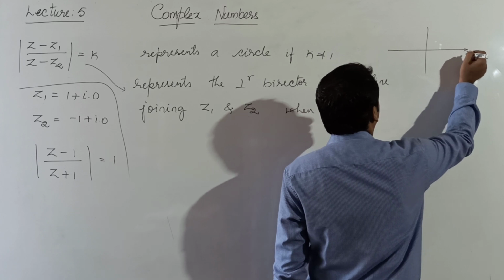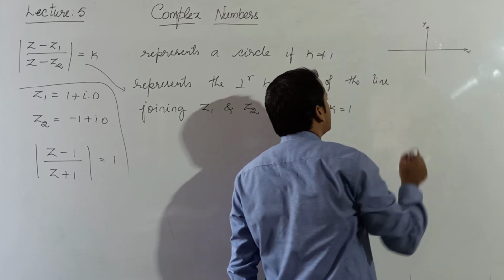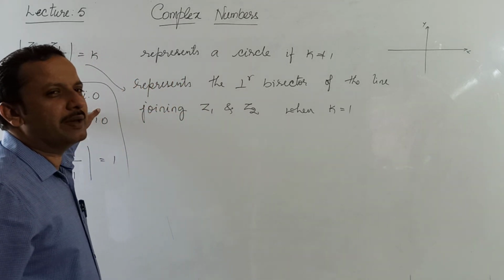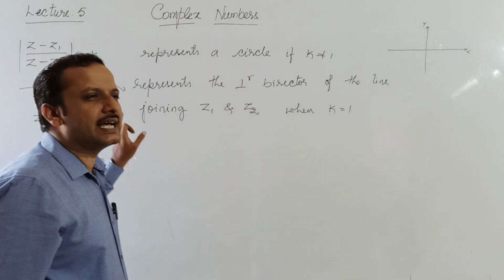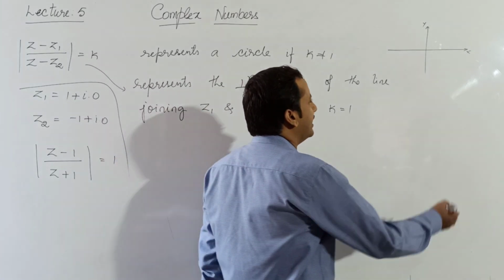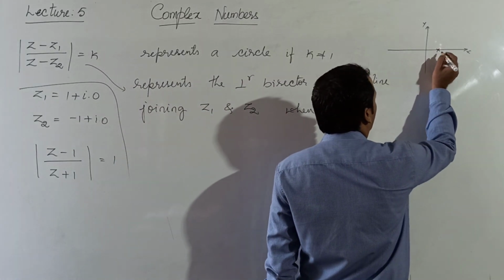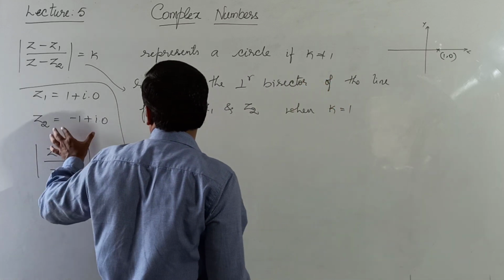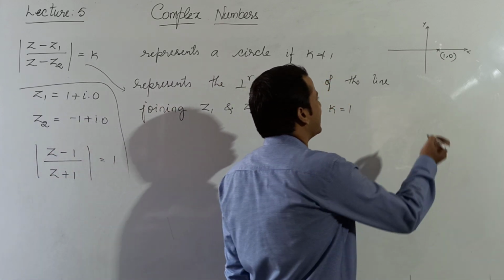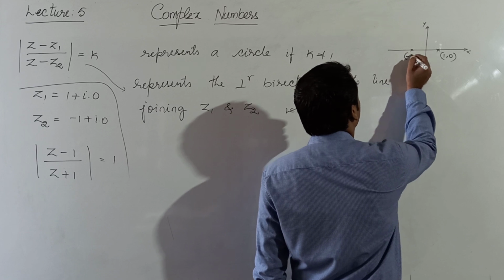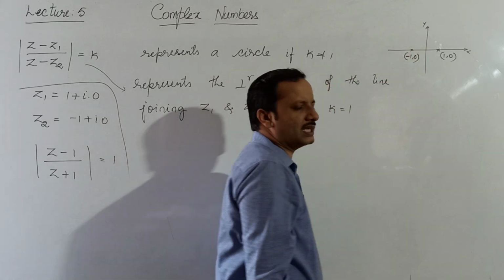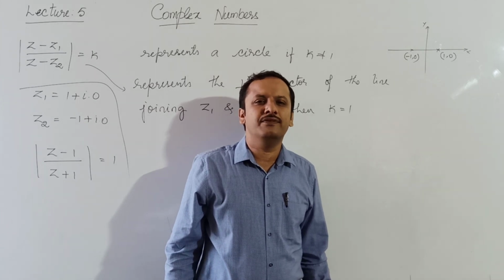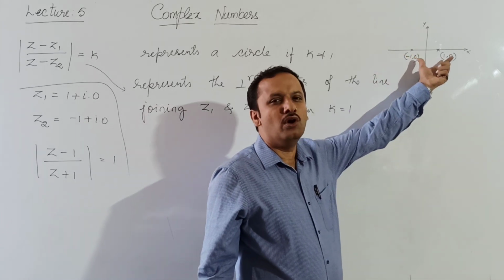Okay, these are our plotted axes, x and y axis. Z1 is the complex number 1 plus i into 0, represented on the plane by the point (1, 0). Then minus 1 plus i into 0 is represented by the point (minus 1, 0), which lies on the negative x-axis. Now I want the perpendicular bisector of the line joining these two.